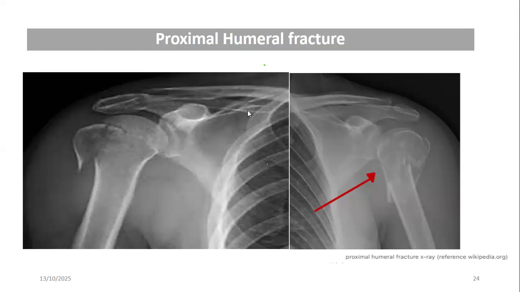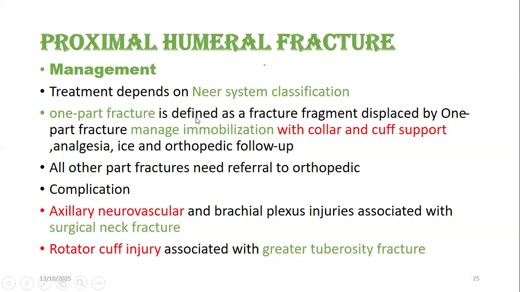Okay, so that's all the same. Axillary nerve injury. So in proximal humerus fracture, that can be the surgical neck fracture and tuberosity, and we will do the Neer classification.